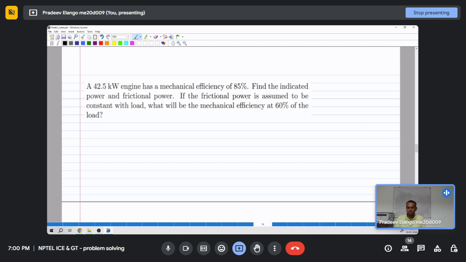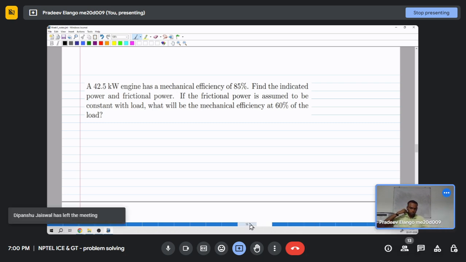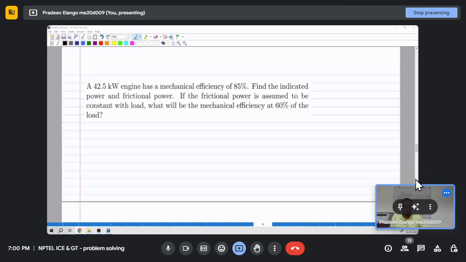A 42.5 kilowatt engine has a mechanical efficiency of 85%. Find the indicated power and frictional power. If the frictional power is assumed to be constant with load, what will be the mechanical efficiency at 60% of the load? Okay.